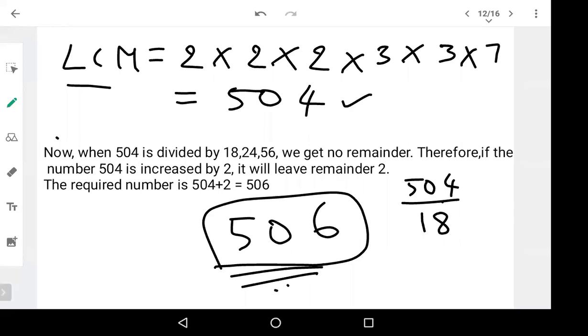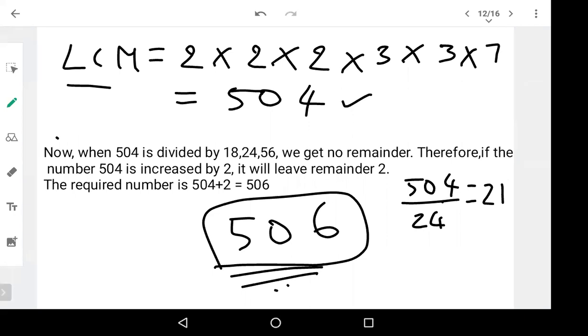Everybody got 28. If you get a whole number, it means there is no remainder. Okay. Now, next, 504 divided by 24. What is the answer that you get? 504 divided by 24, 21. Everybody has got 21? Good.